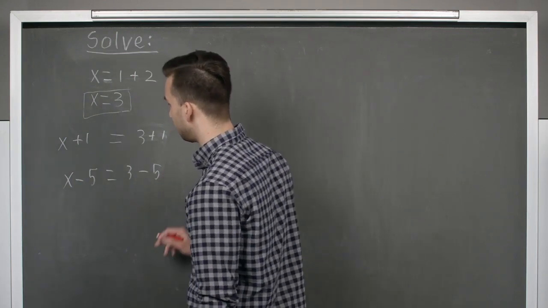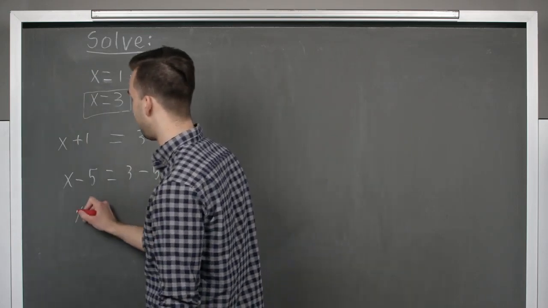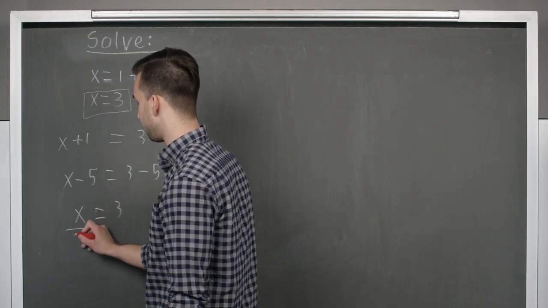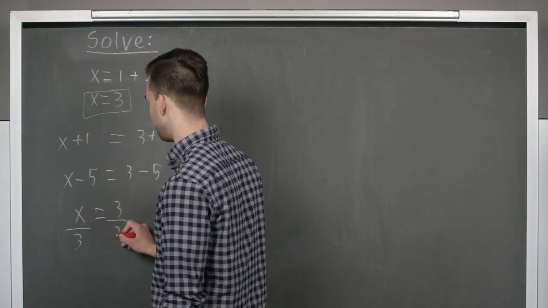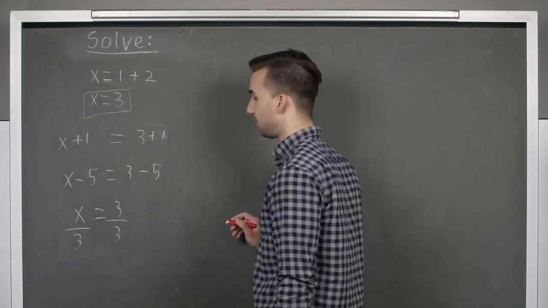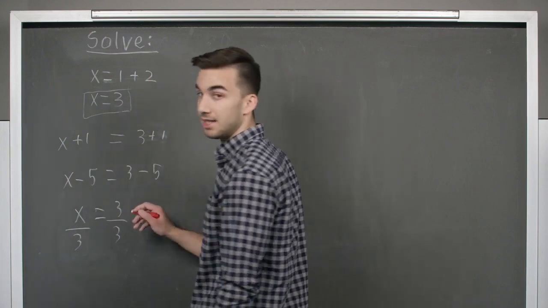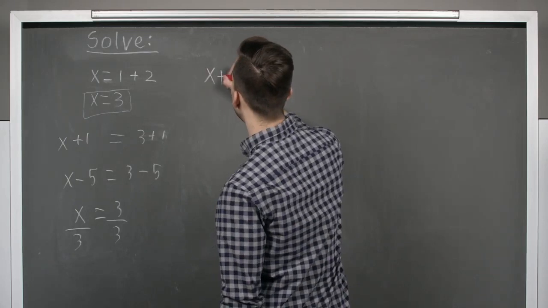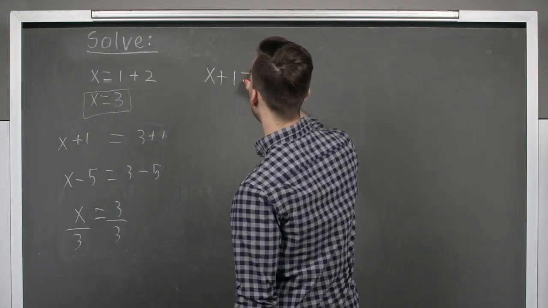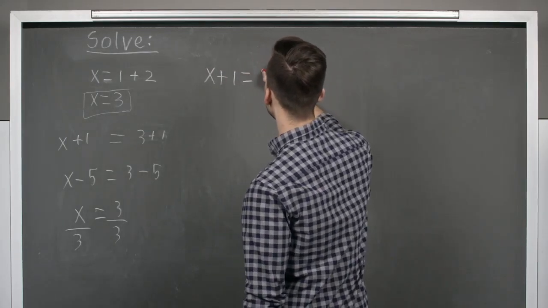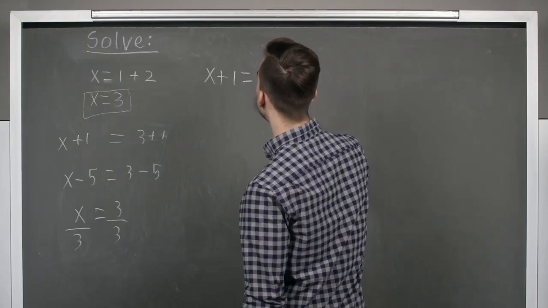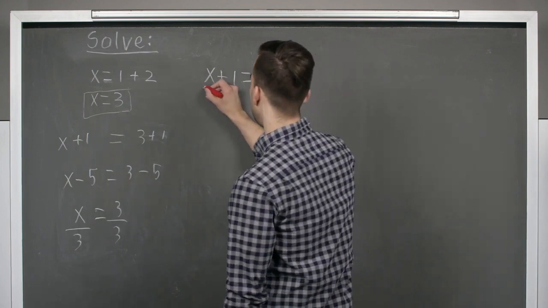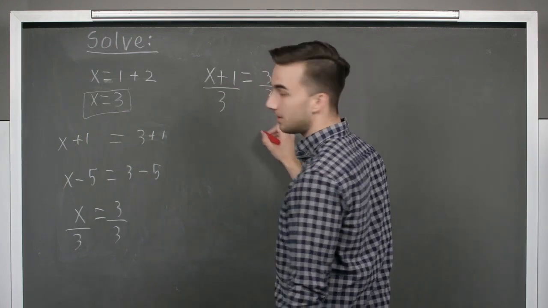If you're going to, say, divide by 3, you have to do it to both sides, and you have to do it to the entire side. So let's say if you have x plus 1 equals 3, and you divide this by 3, you would have to divide the entire other side by 3.